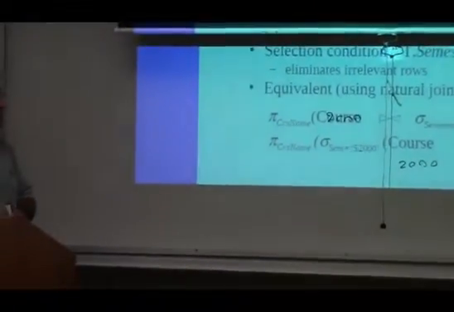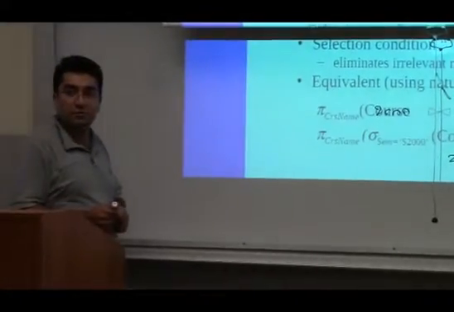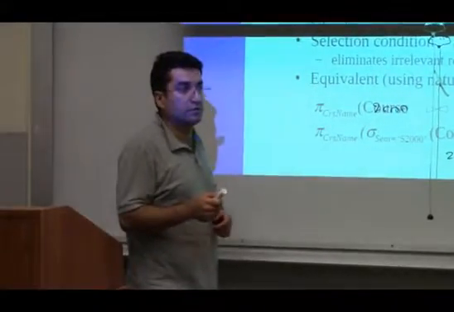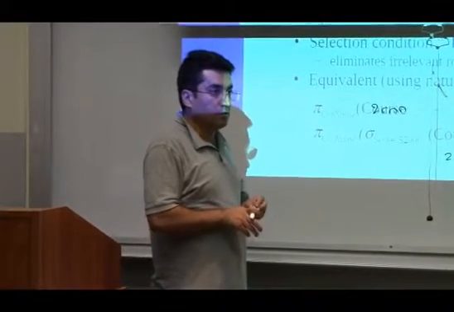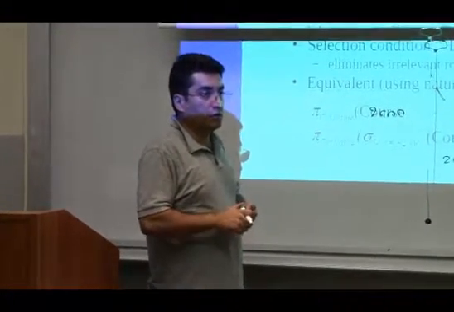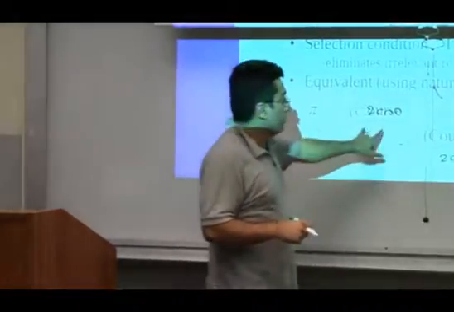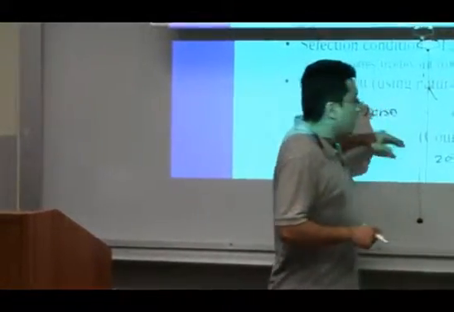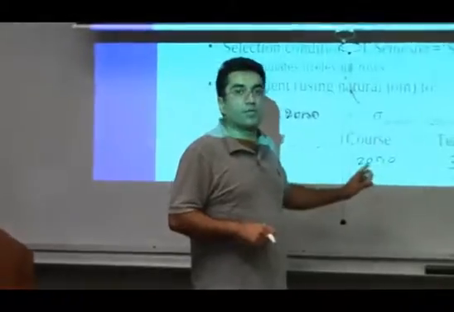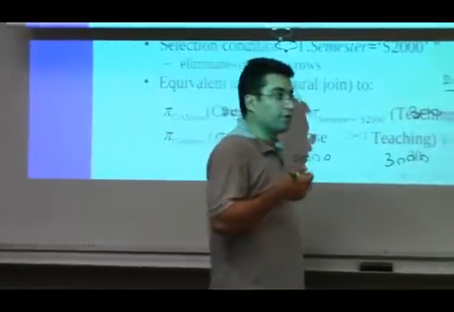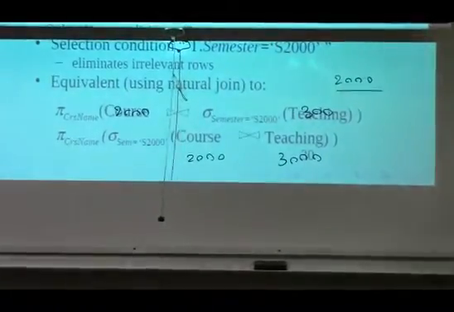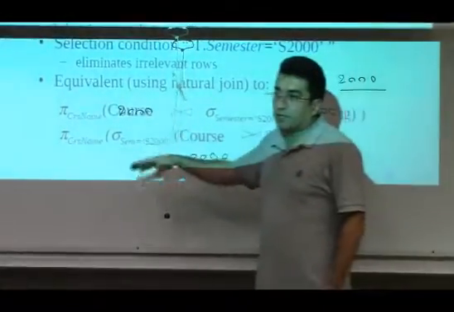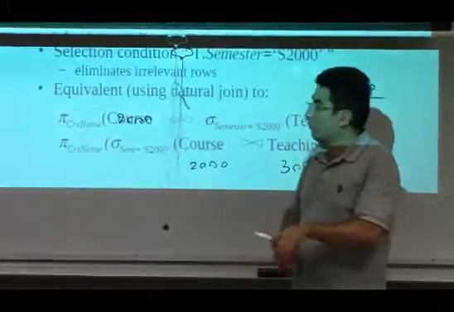First. Why? Because we are doing the natural join of 2000 to 300. The join is done after the selection, so the number of computations will be less. Exactly, because when we are trying to respond to the natural join query, we are doing the Cartesian product and matching each row by each row.